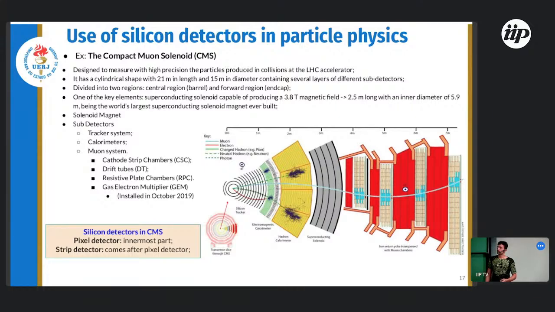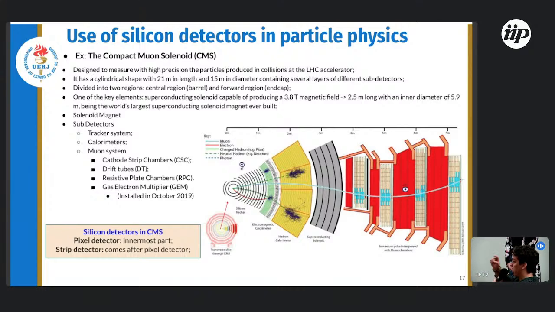No problem. Yes? I apologize if my question sounds very obvious, but you said before that we can do the experiments. There are a lot of particles, millions of particles, and I want to know if it's possible for this detector to detect, for example, a boson among other particles.